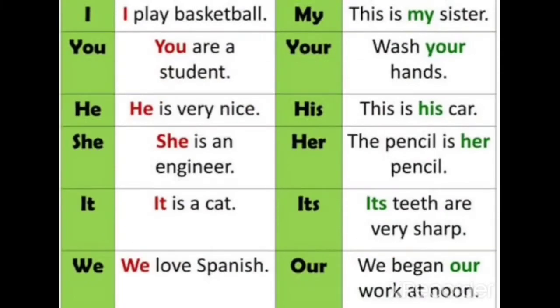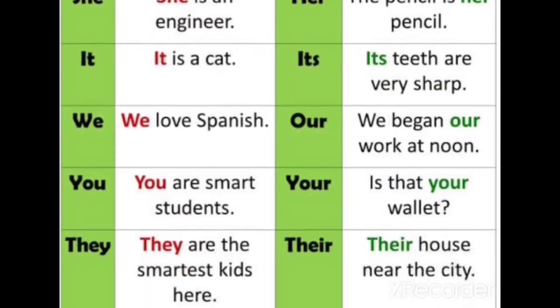For my, this is my sister. Your, wash your hands. His, this is his car. Her, the pencil is her pencil. Its teeth are very sharp. Our, we began our work at noon.